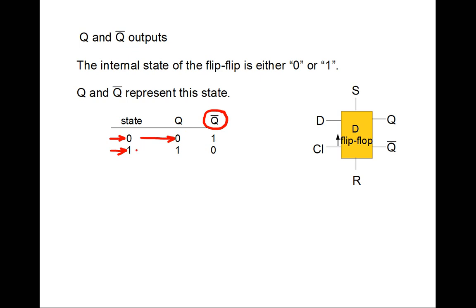If the state of the flip-flop is 1, we know that because the Q output is 1, and of course, the Q bar output is 0, just the inverse of that. So the role of Q and Q bar is fairly easy to understand.